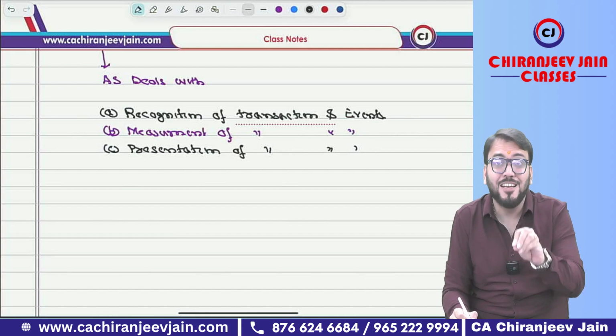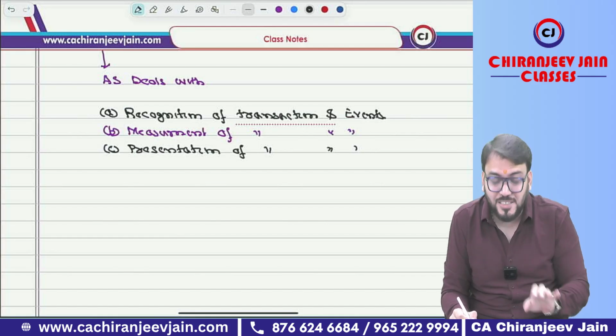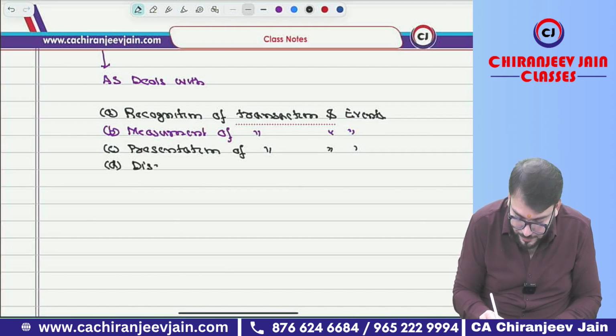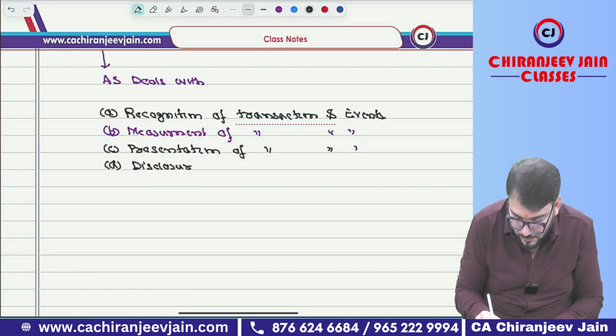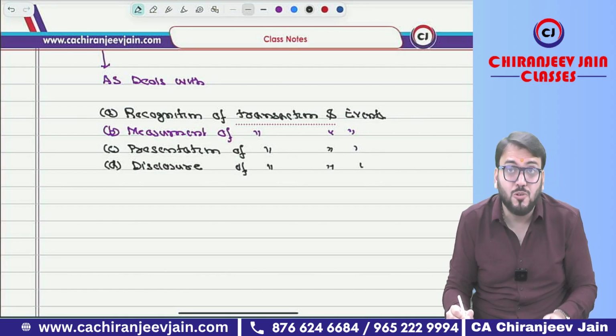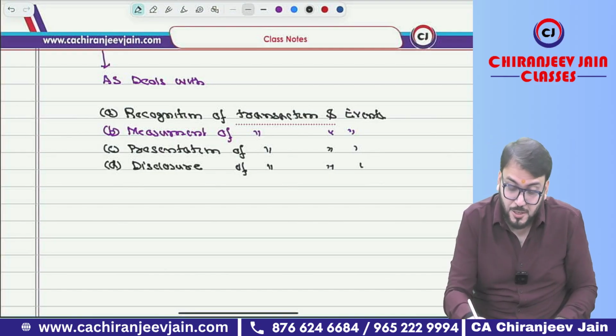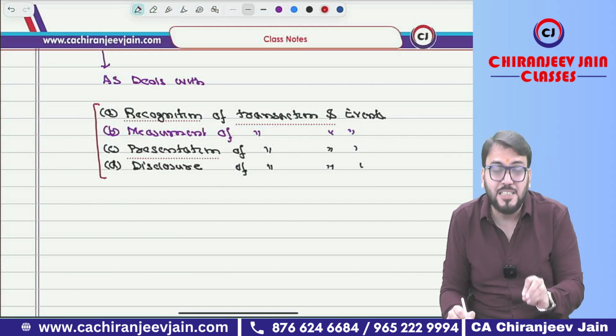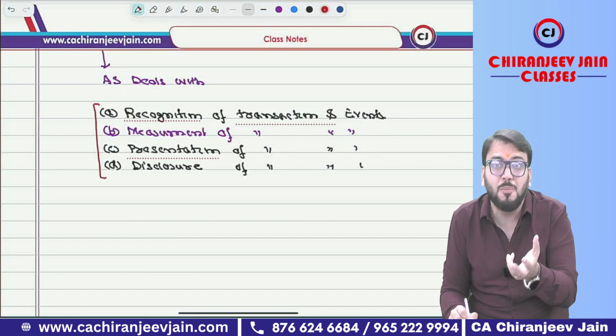How to present that transaction in our financial statement. Point number D, disclosure of such transaction event. How to disclose that information in our financial statement. So accounting standard deals with recognition, measurement, presentation, disclosure. This is the objective of accounting standard.